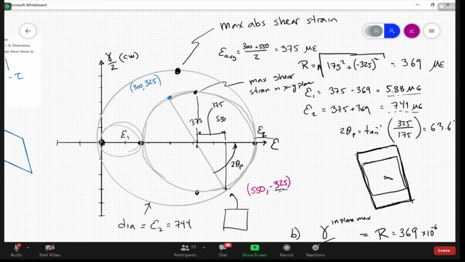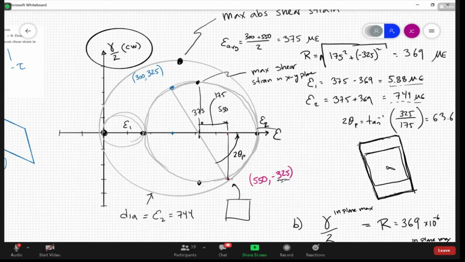And so the actual radius is going to be half of that. It's pretty easy. So the radius of the circle is half of that, but then we're going to have to multiply that by 2 because we've got the over 2 on the axis. So you actually end up with the same thing.